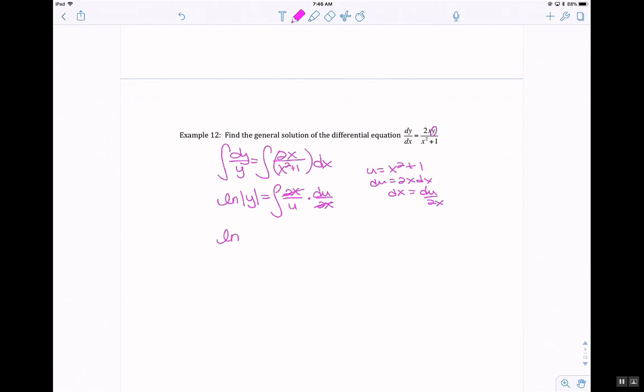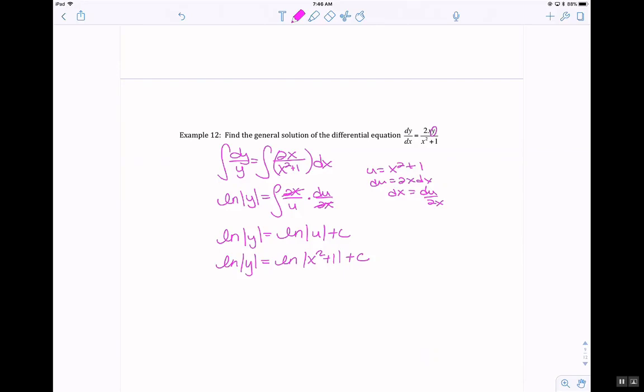So then you're left with ln absolute value of y is equal to ln absolute value of u plus c. Your u is x squared plus 1, and then plus c. And this is just a general solution, so I have to leave the plus c involved.